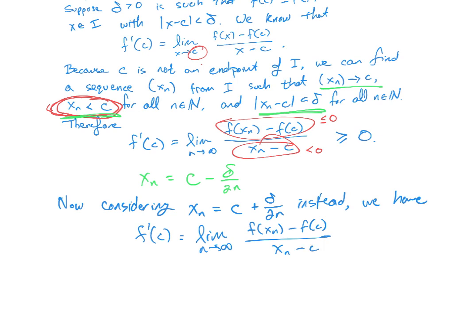Now when we plug in this sequence, what's the sign of the numerator? Not positive? Yep, less than or equal to 0, and the denominator? Positive. So this limit is less than or equal to 0. And there we go. We've shown that the derivative is greater than or equal to 0 and less than or equal to 0. So it had better be 0.